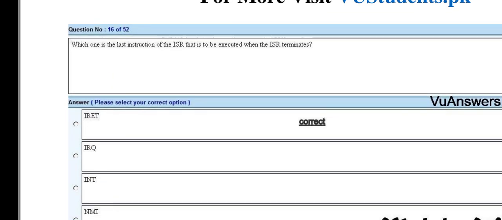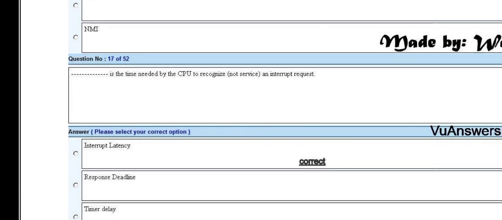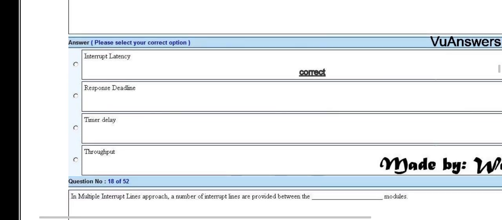Which of the following is the last instruction of the ISR to be executed when the ISR terminates? IRET. Dash is the time needed by the CPU to recognize, not service, an interrupt request. Interrupt latency.